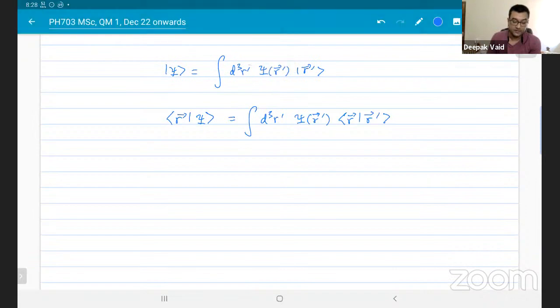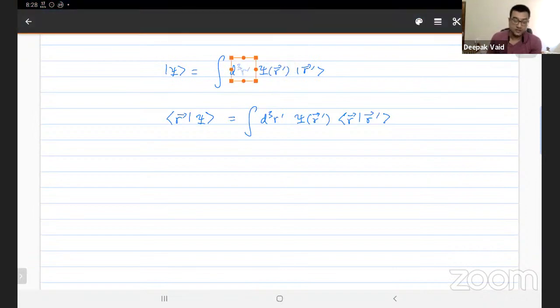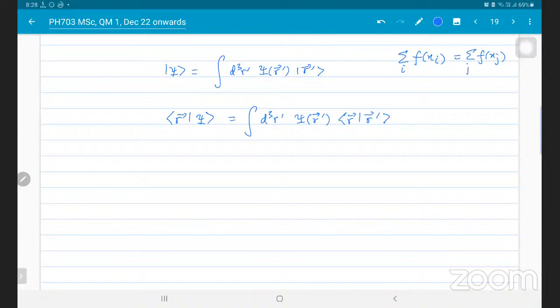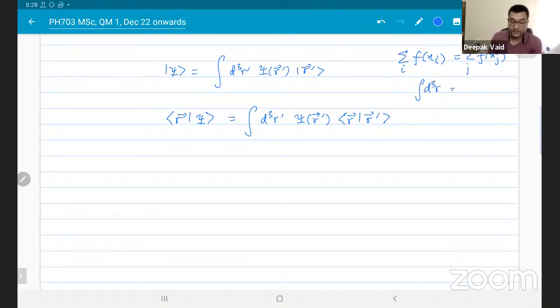Whenever I have a sum over something or an integral over something, that's a dummy variable. So if I sum over f of xi, let's say, I can also write it as sum over j of xj, right? It's the same thing. So instead of writing d cubed r, I can write d cubed r prime. It doesn't matter, right? It is just a dummy variable.